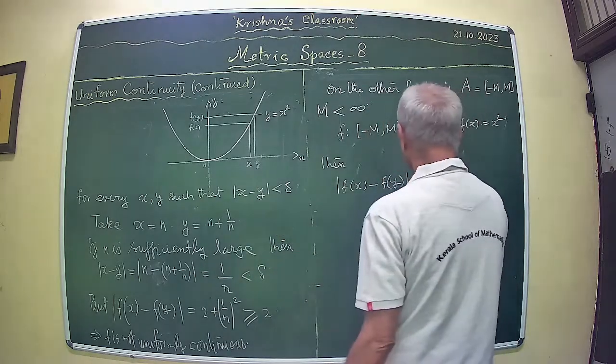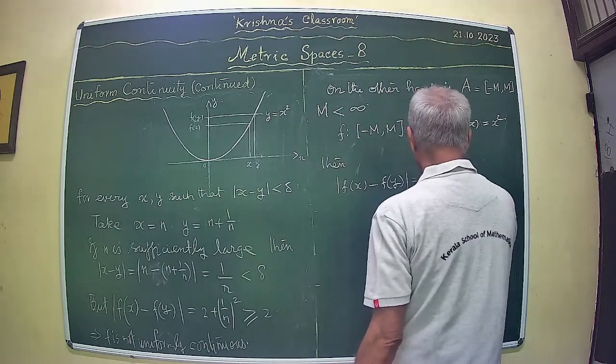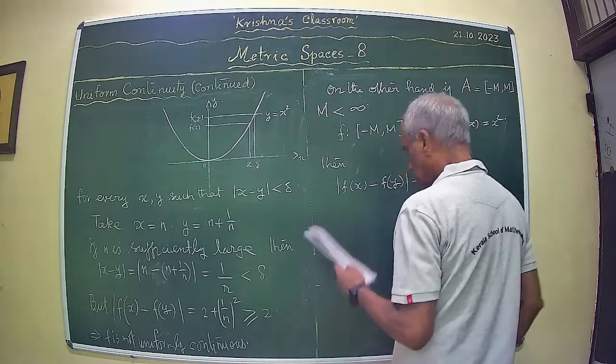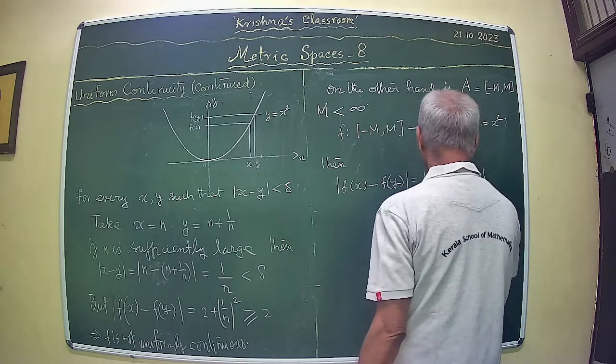This is equal to, which is less than or equal to twice m.